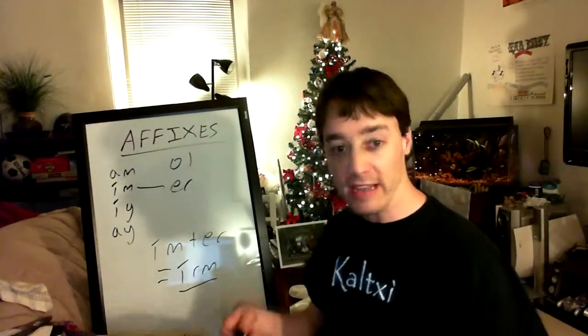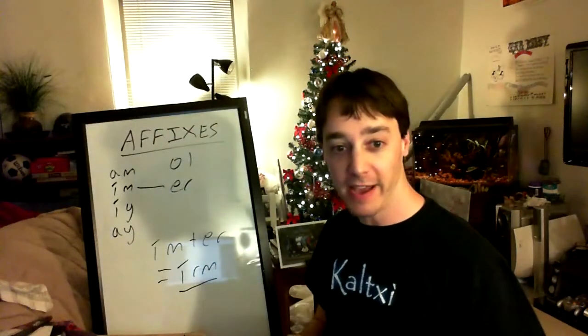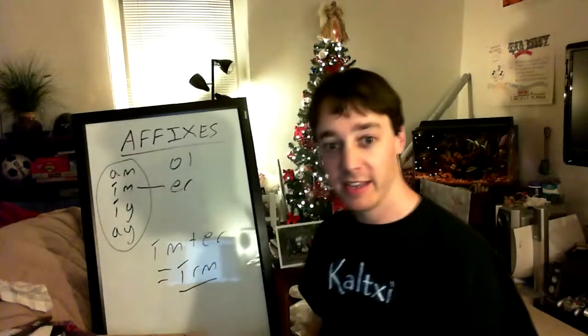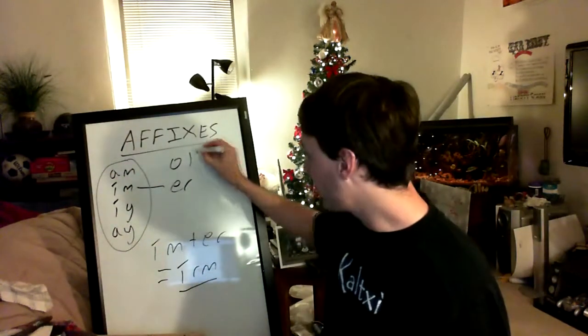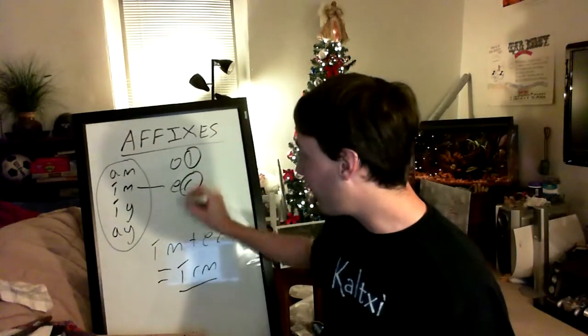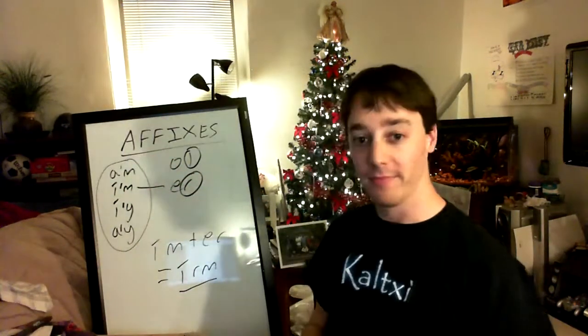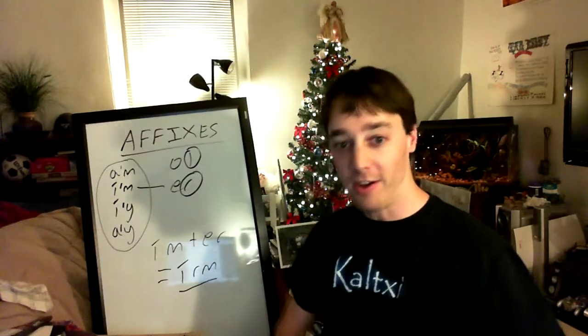So you can see this follows a very, very predictable pattern. You take the tense infix, and you take either the L or the R, and you put it into the middle. That's all there is to it.